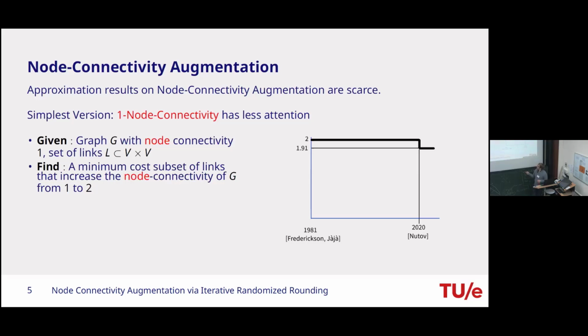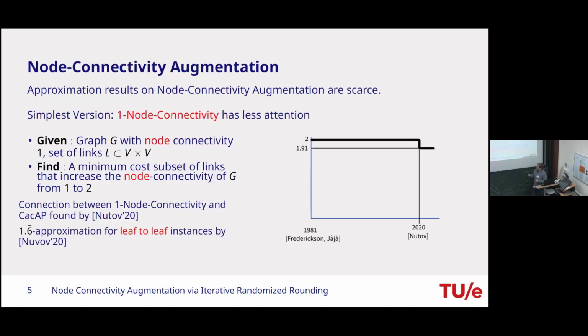In this case, you're given a graph with node connectivity value of 1 and some links, and you're trying to increase the node connectivity from 1 to 2. There was a connection found just last year between node connectivity and Cactus augmentation. Basically, they both can apply a similar reduction to go to similar node-based Steiner tree instances. That's what we're going to be doing to improve the approximation value for these node connectivity augmentation problems.